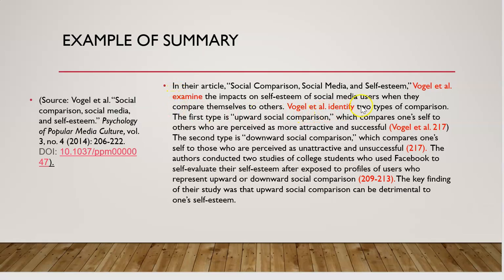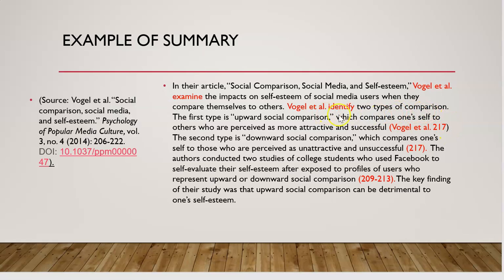And then I'm using signal phrases throughout my summary. So I'm using the author's names and verbs in order to give credit or acknowledge where all this information is coming from. So in the next part, I identify what I find are the main findings, or the key terms or ideas of the study.